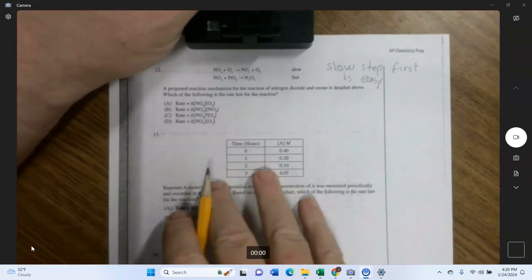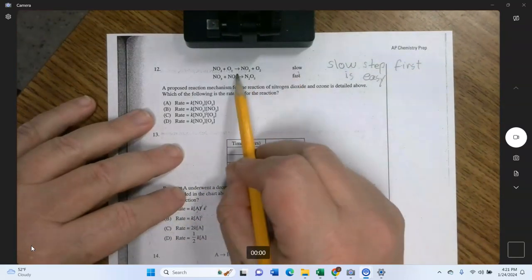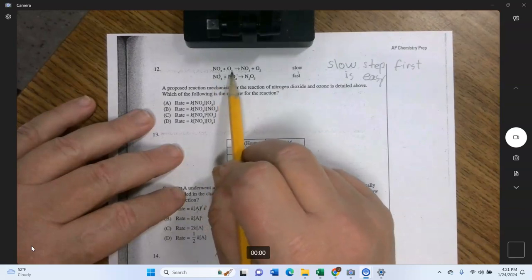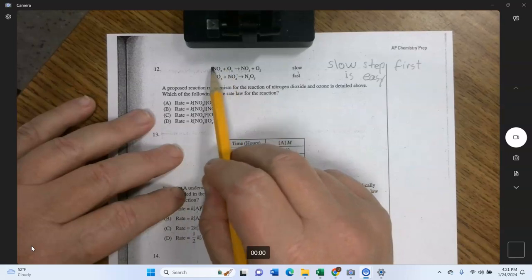The rate law for the overall reaction is going to be the rate law of the slow step. So it's going to involve NO2 and O3. They're both elementary steps, so you can use the coefficients.